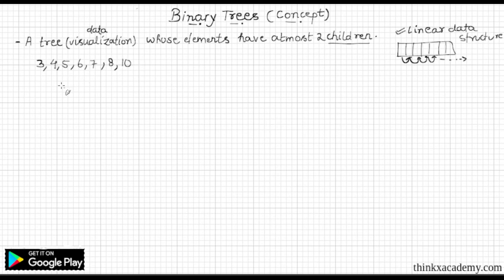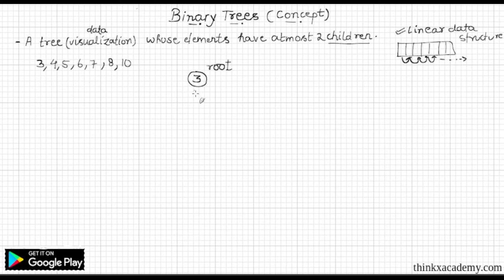These are some random numbers that I have taken. If I want to represent them using a binary tree, I will first create a first node, and this top node we call the root node. And this root node will have two children.